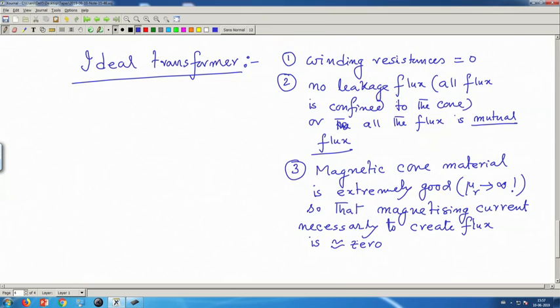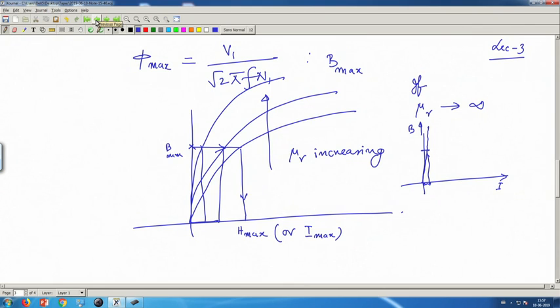Now I will draw the core of the transformer from my previous diagram, which I have already drawn.